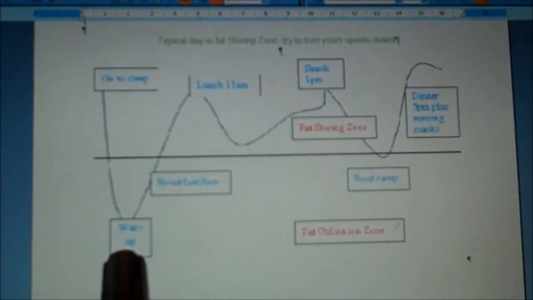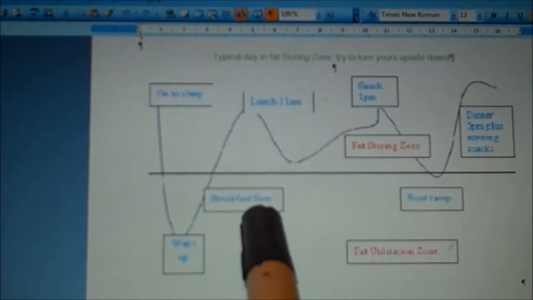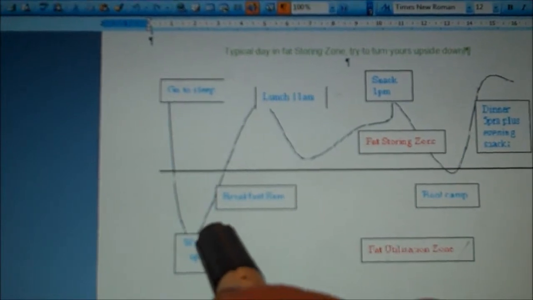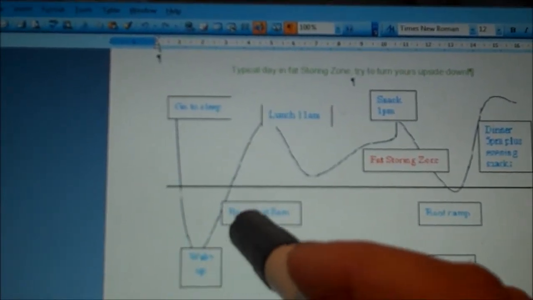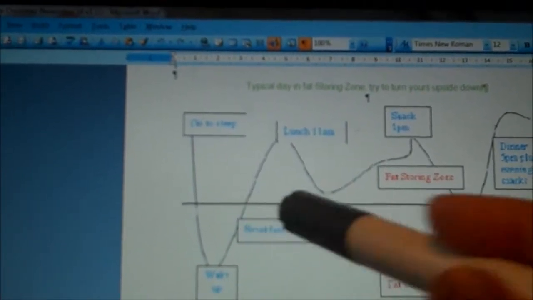Okay, and then you'll probably wake up, and if you're local and you start your work at 9 o'clock, you'll have breakfast around about 8 AM. So what happens then is any exercise or walking a dog before we go to work, anything after our breakfast, we will be using whatever, whether it's glucose or protein or fat that we put in our body. Most of us will have a sugary breakfast.